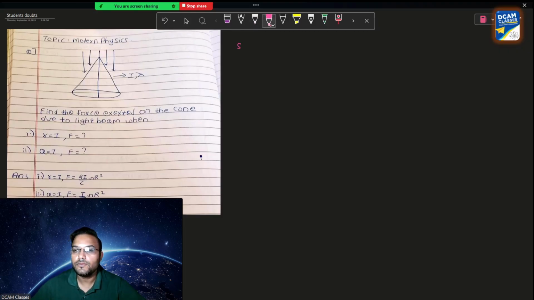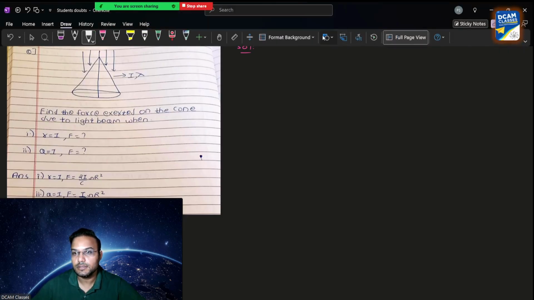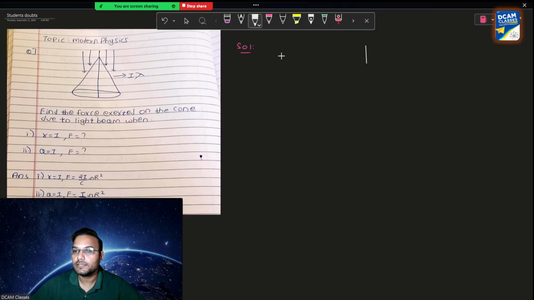See, let me tell you one concept before that. Whenever there is a surface like this, there are two cases. One, when the light is coming like this, it has the intensity I, and c is the speed of light.